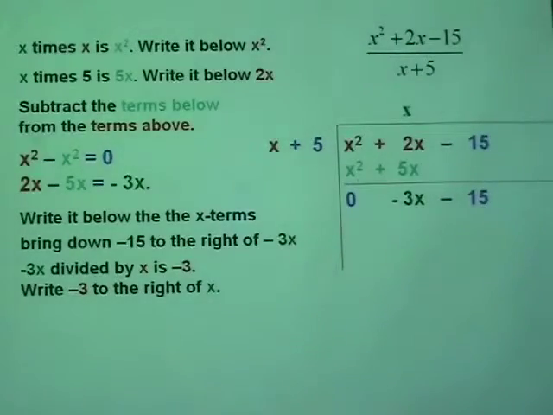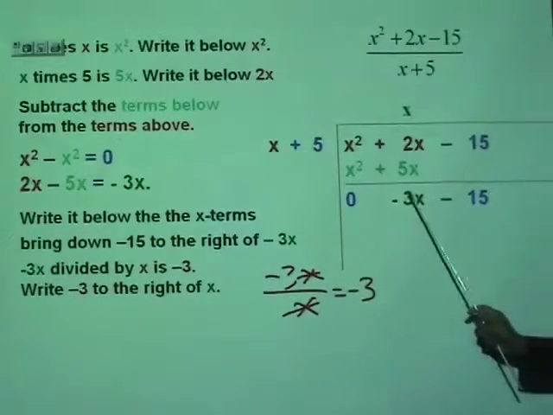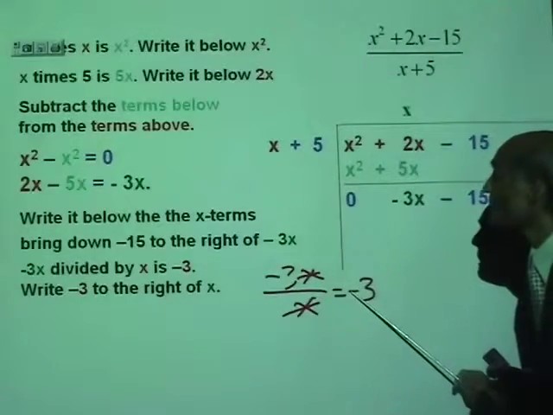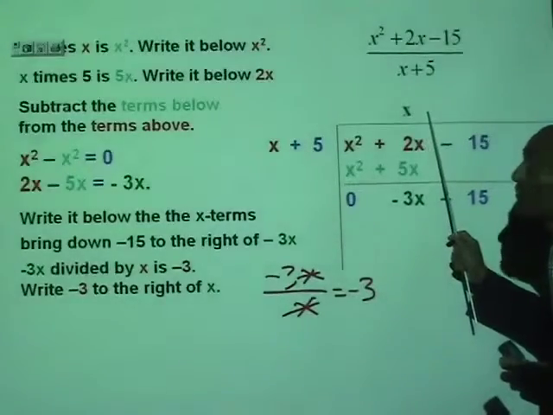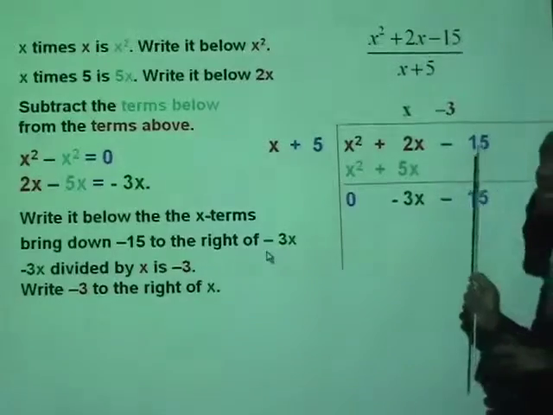I'm sure you have no problem doing that. Negative 3x divided by x. X on the denominator will go with x on the numerator. That will be a negative 3. So, negative 3x divided by x is negative 3, and write it to the right of this x. So that will be a minus 3 there.